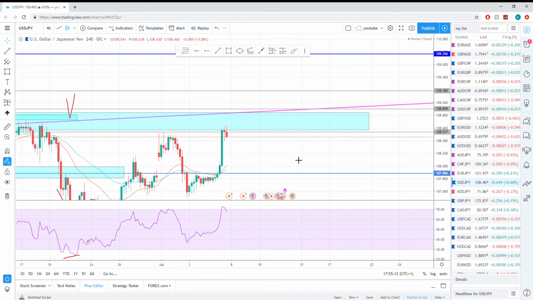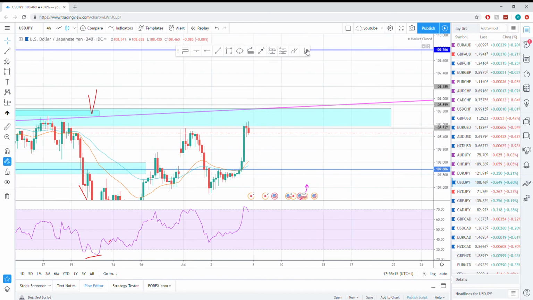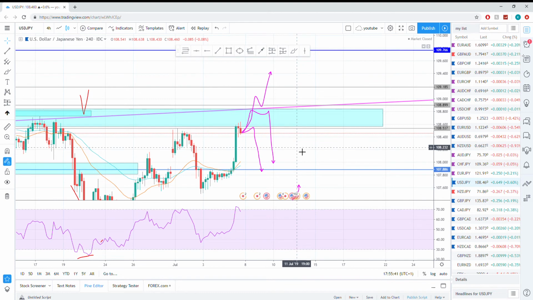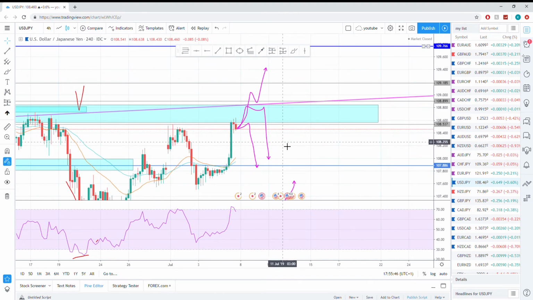If we get a further push, we may see another retest here before we go down, or we may see price come back up here, another retest, and then we come down. Or we get the third scenario where we come back up, another retest of the bottom half of the wedge, that acting as support, and then we shoot straight back up. I'm anticipating that we go up, but I'm not too sure which scenario we'll place as of yet. I just need a little bit more information.